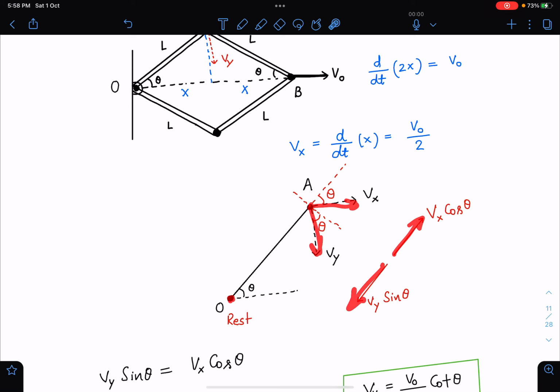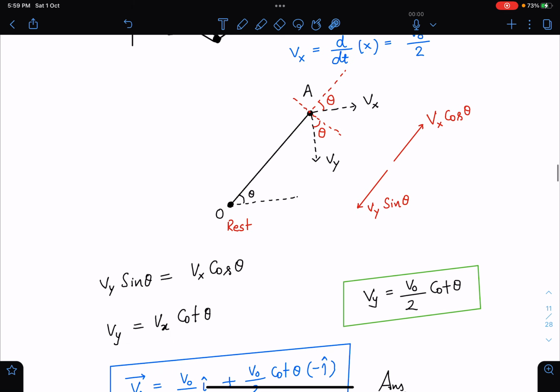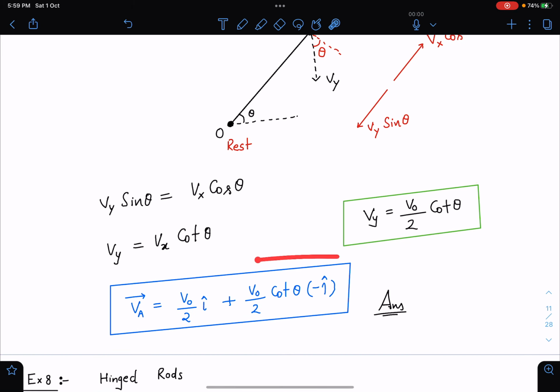Component of vy in this direction is vy sin theta. So these two must be equal in order to keep this length constant. Alright, so directly just equate it. vy sin theta is equal to vx cos theta. So vy is equal to vx cot theta. vx we have calculated as v naught by 2. So the velocity vector of point A, you are going to get v naught by 2 i cap plus v naught by 2 cot theta minus j cap.